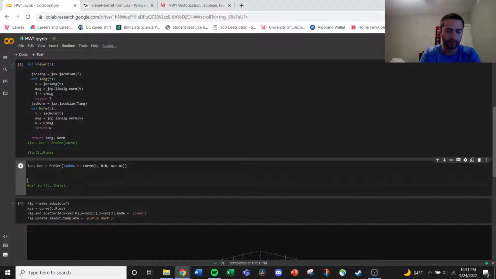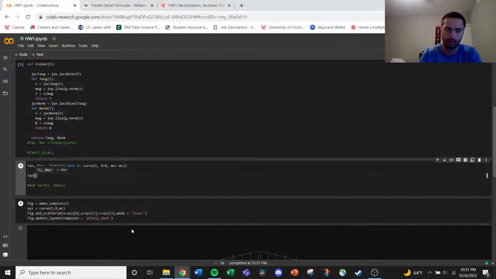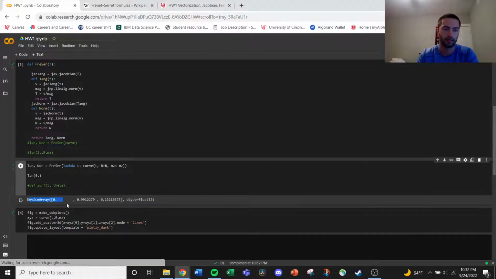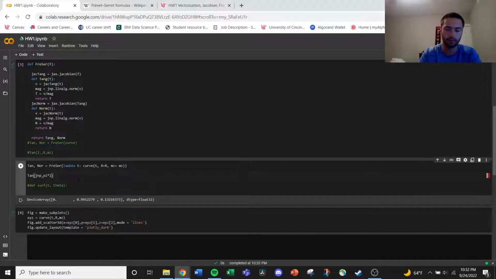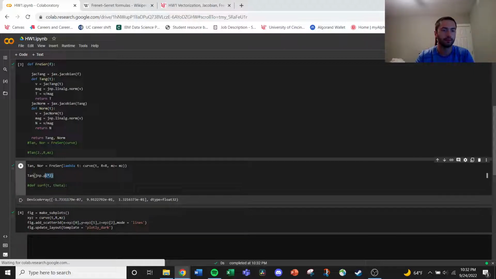Now, if I want to find a tangent at a point, instead of giving it 0, mz like I did earlier, I can just give it 0, and I can get the tangent at a point t equals 0, or if I want to do 2 pi, jnp.pi times 2, I can do the same thing. So it's just a lot easier.